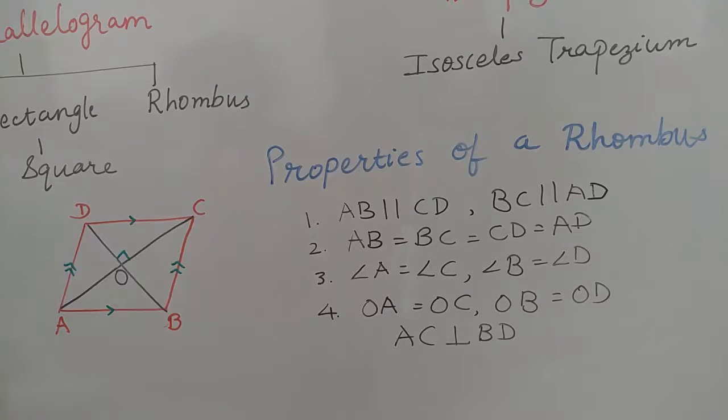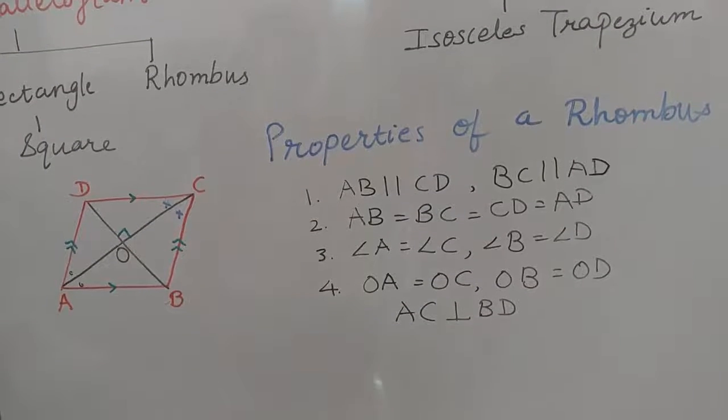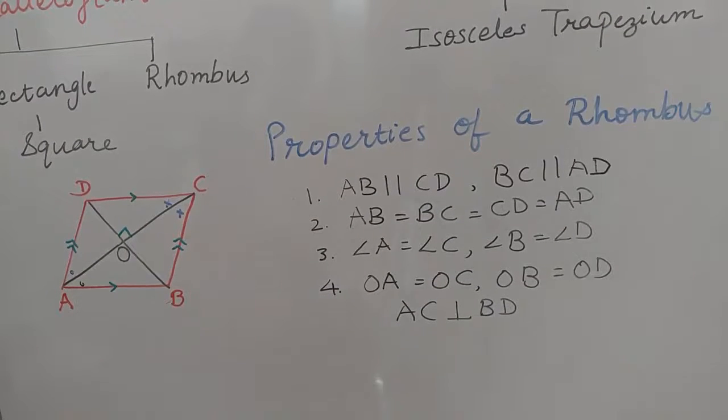Now the next one is that the diagonals bisect the angles also. It means this part is equal to this here, and this part is equal to this. So according to diagonals, we can say that they bisect each other here.